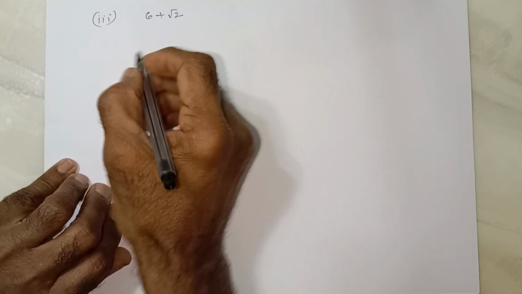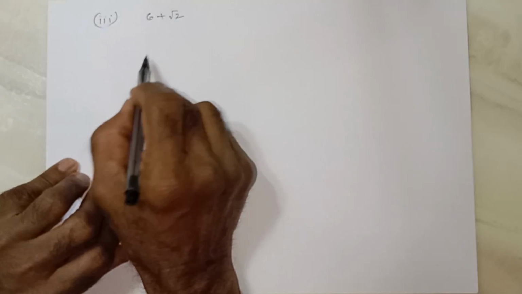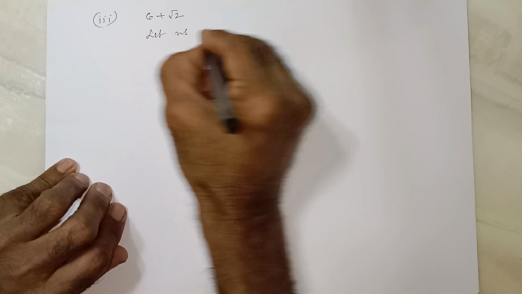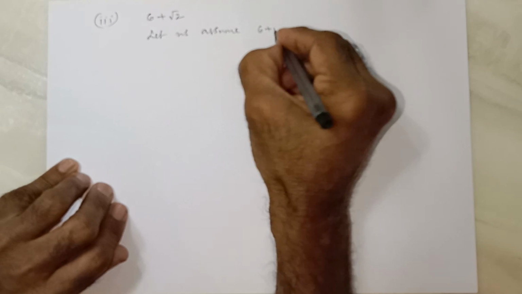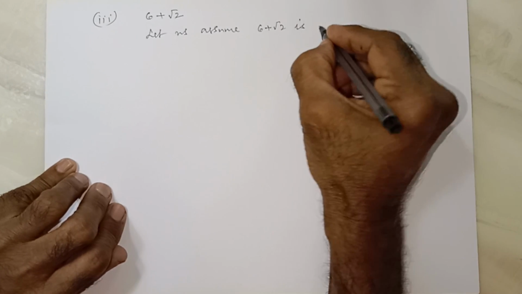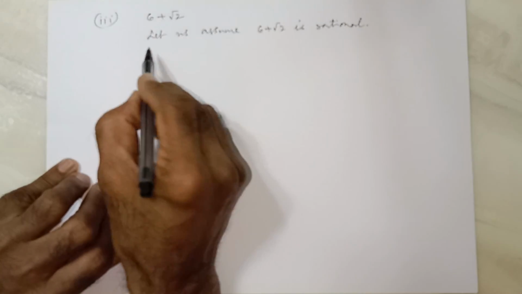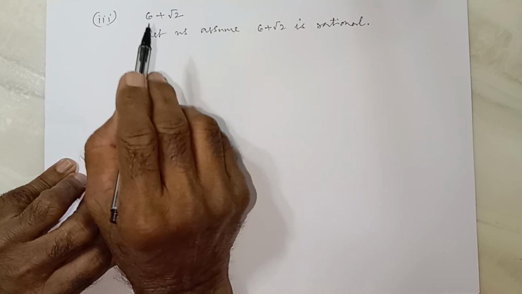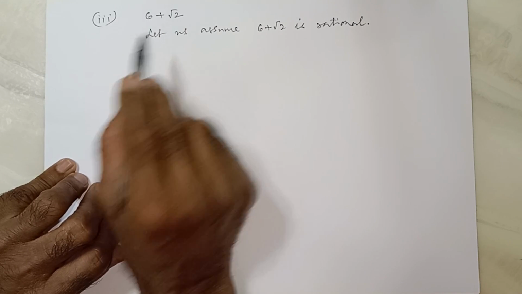Well, we go to the third question, 6 plus root 2. The question is, we have to prove that this is irrational. How to prove that? First step is, let us assume 6 plus root 2 is rational. That's the first step. We have to assume that. If it is proved, then it is rational. If it is not proved, then automatically 6 plus root 2 becomes irrational.